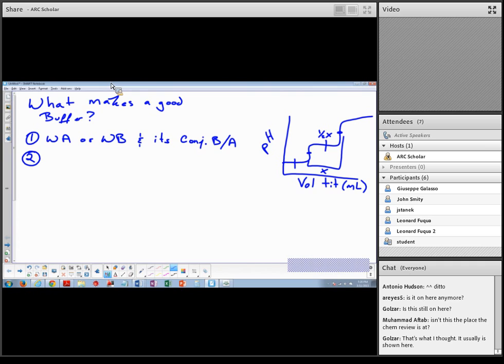What else? You want to choose one that has a pKa or pKb value close to the desired pH or pOH.